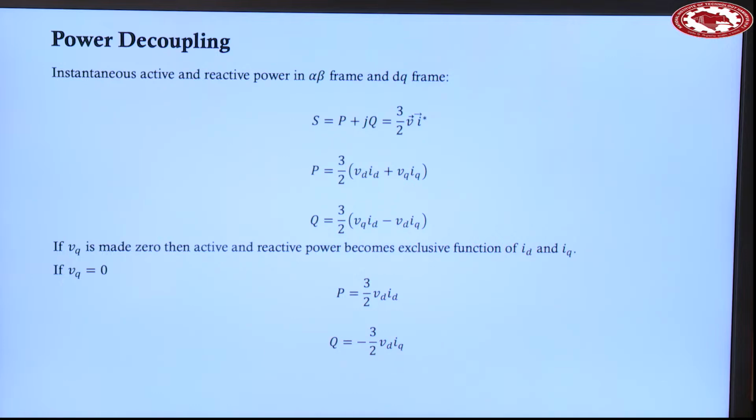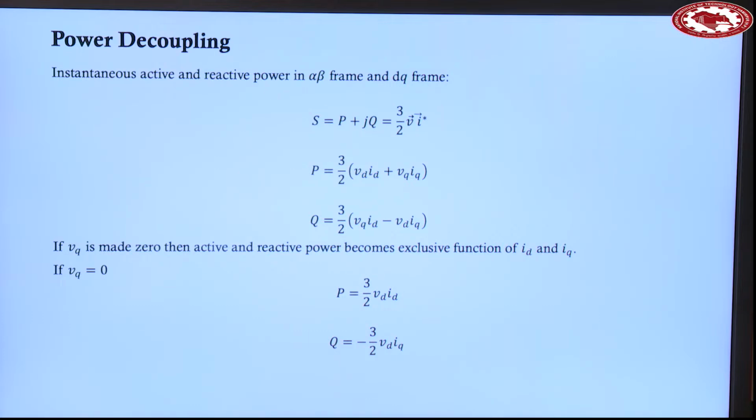If one of the components is becoming 0, either Vd or Vq, depending on your choice of where you are putting your reference frame, then P simplifies. If I am assuming that Vq is going to be 0, then P is equal to 3 by 2 Vd Id, and Q is going to be minus 3 by 2 Vd Iq. Vd is common in both equations.